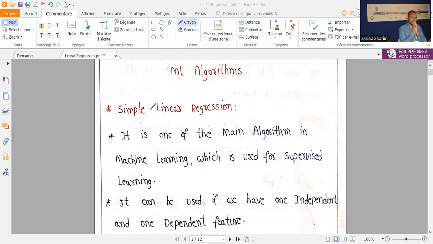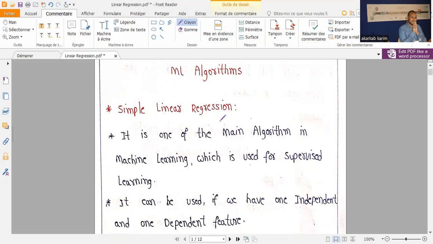Okay, so linear regression is one of the main algorithms in machine learning, which is used for supervised machine learning. In machine learning, we have three types. The first type is supervised machine learning, the second one is unsupervised machine learning, and the third is reinforcement machine learning.